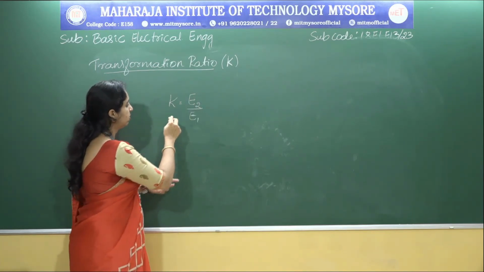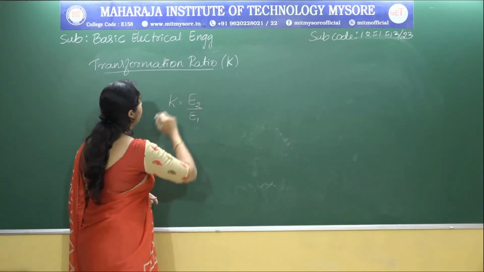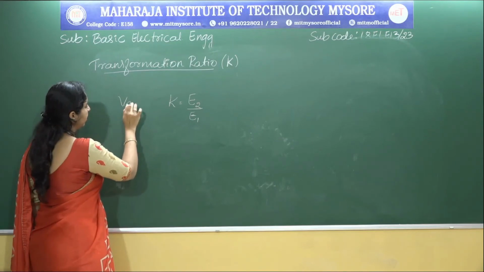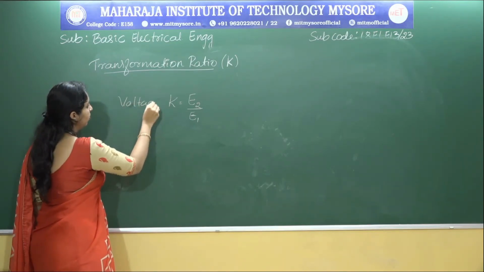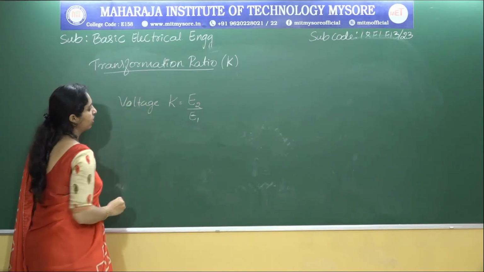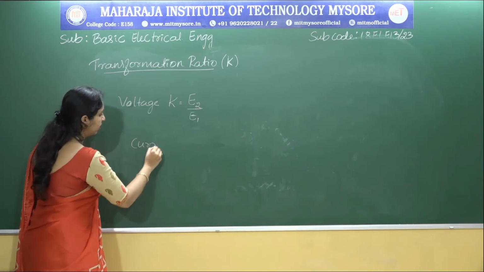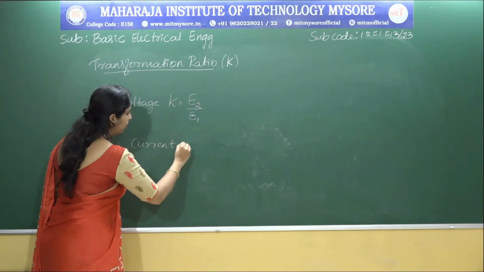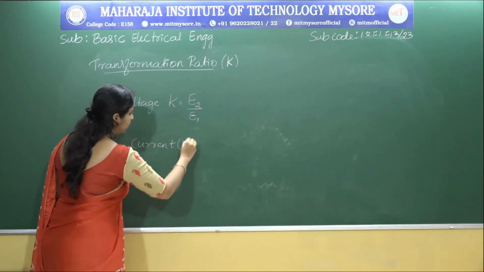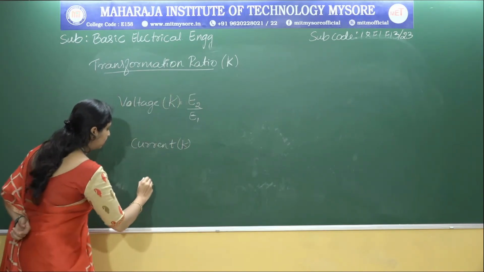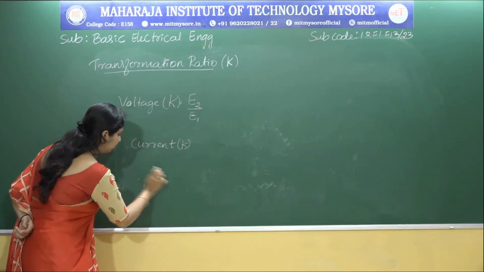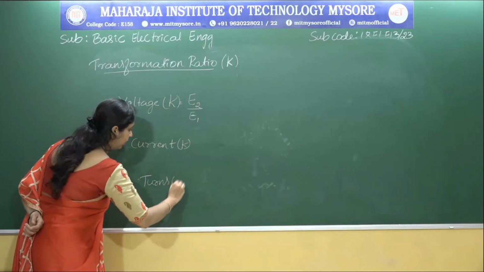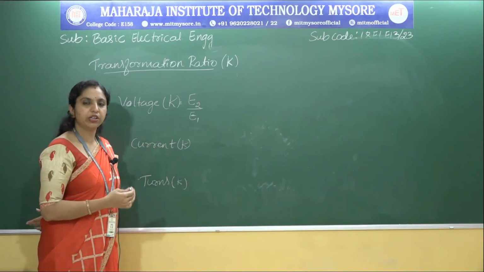As I have already indicated, the transformation ratio can be expressed in the form of voltage, current, and turns, and we denote it by K. What is the voltage ratio?